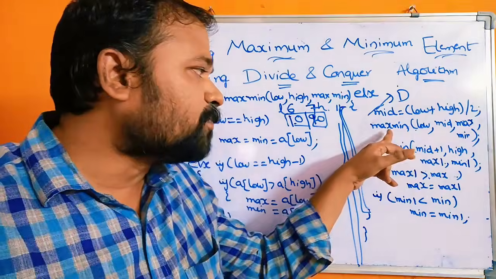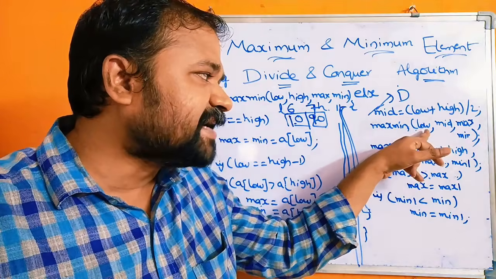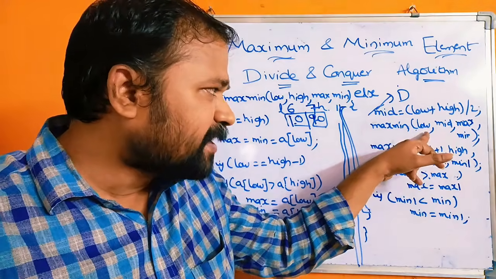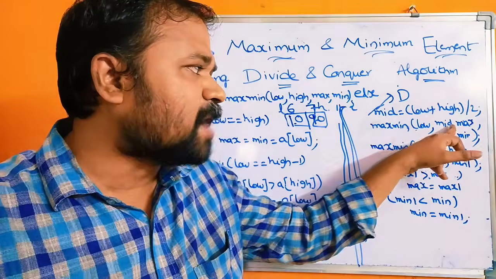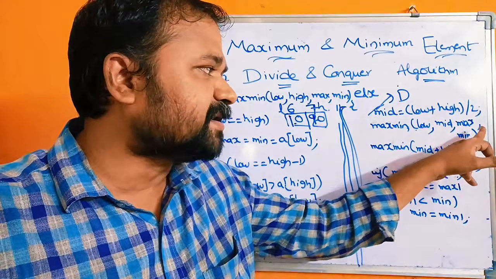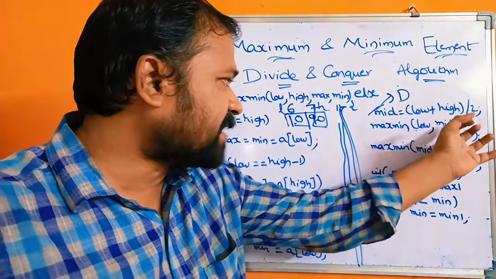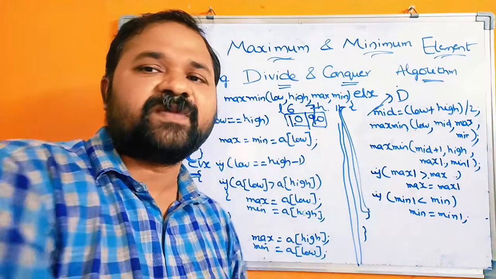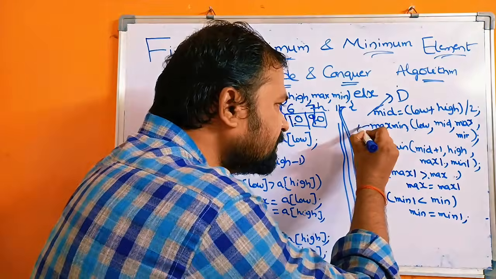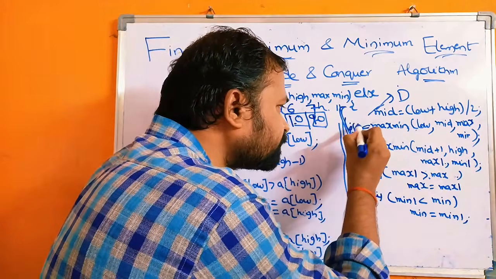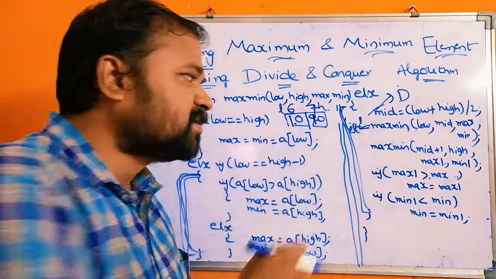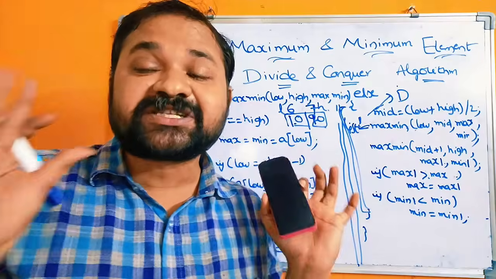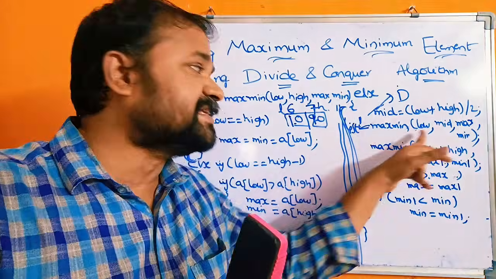So max min of list 1, which contains the elements ranging from low index to mid index: low comma mid comma max comma min. So we are passing those values. Now it will go to this function and be evaluated based on that. So this is for list 1. In order to solve list 1 recursively, we are using this step.